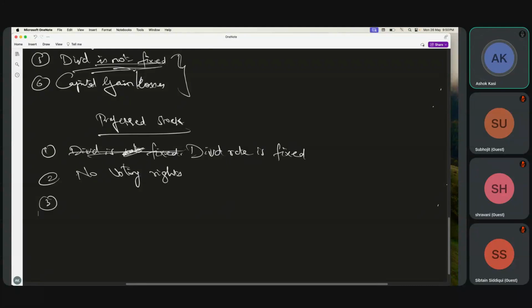Then why are they accepting? Let's say you are a preferred shareholder and you have been given voting rights also. Assume for a minute an auditor is being appointed and they are asking you to cast your vote. As a good preference shareholder, you do a lot of research and cast your vote for the auditor.